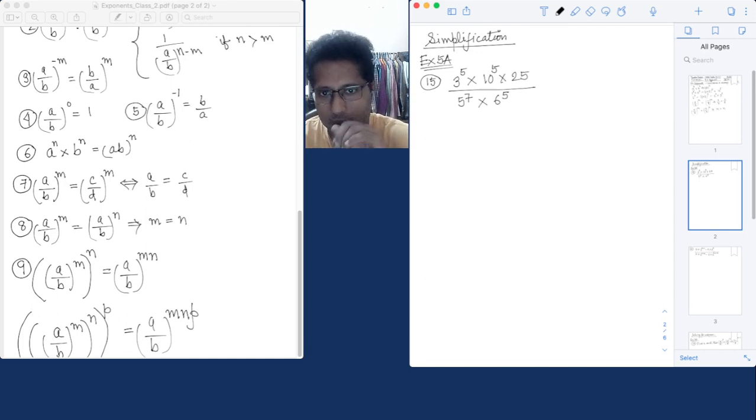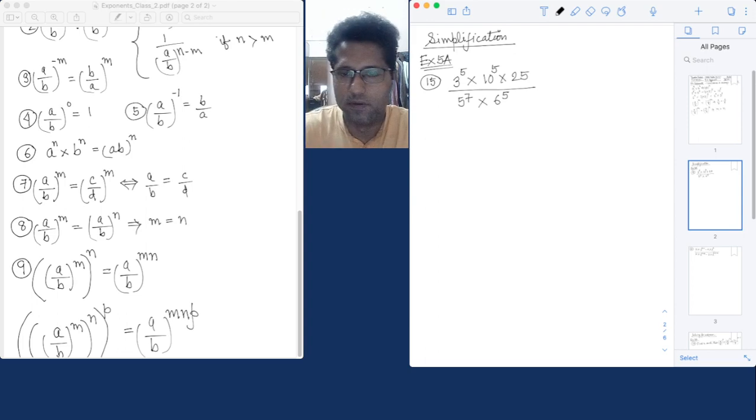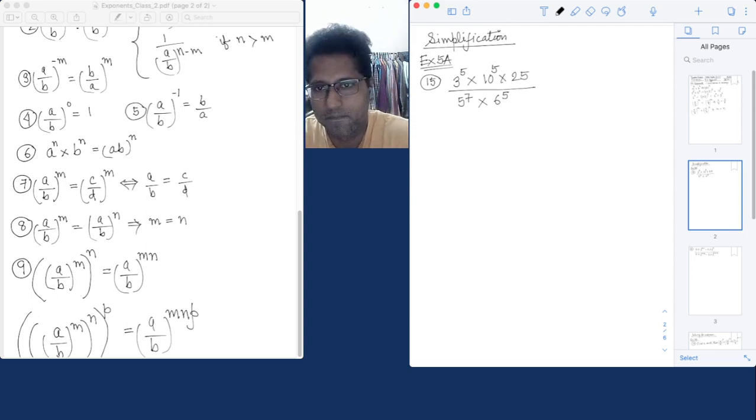Now, the general strategy to solve this kind of simplification problem is that if you can factorize the base into some factors, you break it, and you use this law: a to the power m multiplied by b to the power m.